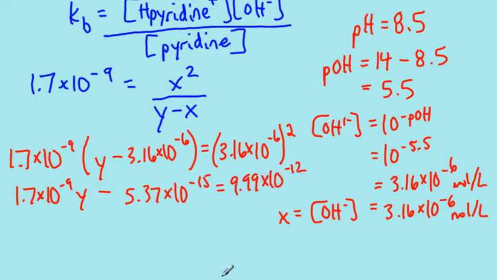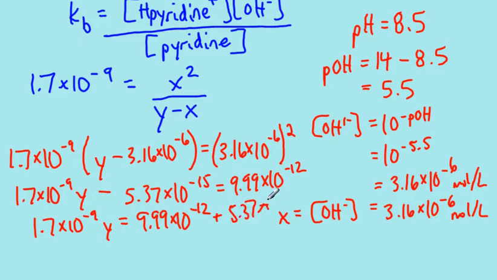Alright, so we're solving for y. 1.7 times 10 to the minus 9 y equals 9.99 times 10 to the minus 12 plus 5.37 times 10 to the minus 15. Things are getting a little ugly over here.